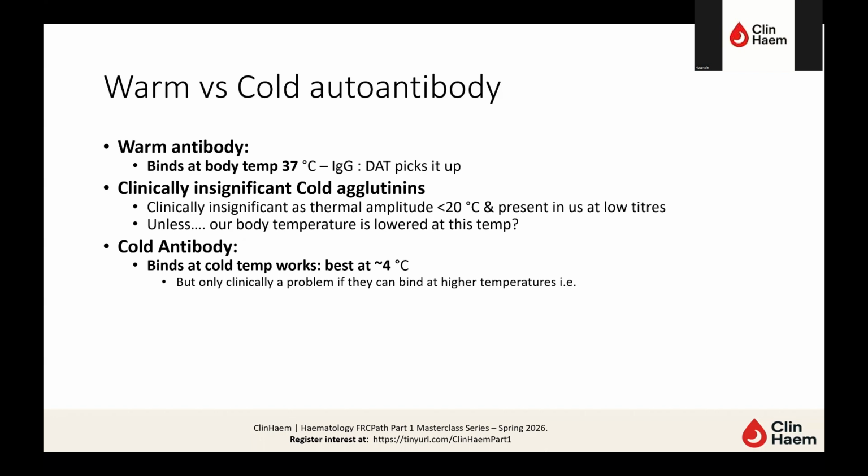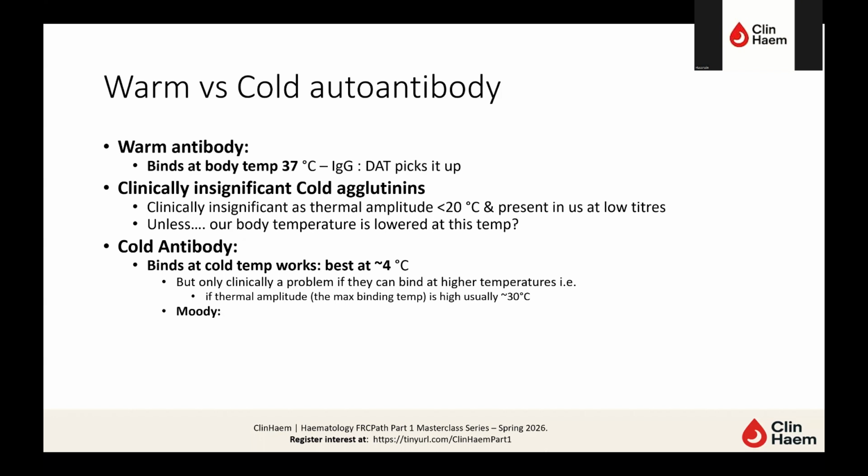So if they acquire a property, then now they can bind to red cells at higher temperatures. For example, if the thermal amplitude, which is the maximum binding temperature, as I've said, is up to around 30 degrees, then that might be a concern now, because if the temperature drops, say, in the peripheries of the body at cold temperature, then they will get the chance to bind to the red cells and start causing hemolysis. Now they're becoming clinically significant.